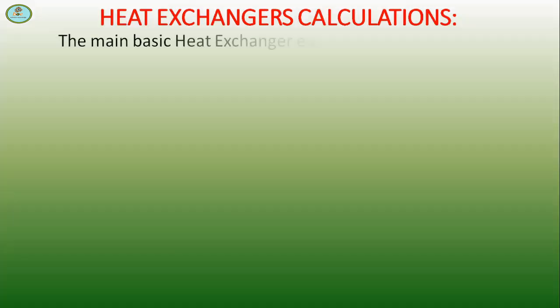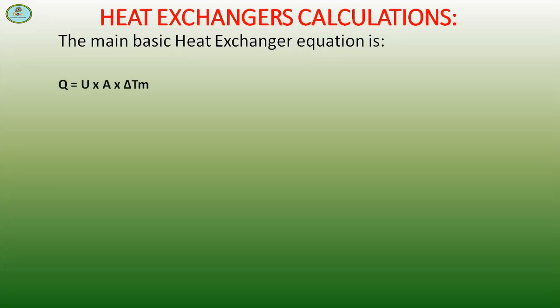The main basic heat exchanger equations are as follows. Q is equal to U into A into delta Tm.